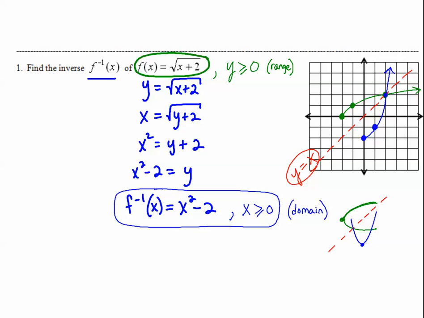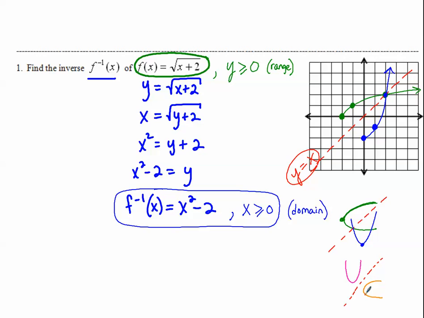If I were to start with a right side up parabola, its inverse would be a sideways parabola, right? Reflecting over that diagonal line, y equals x. Yet the inverse is not a function.